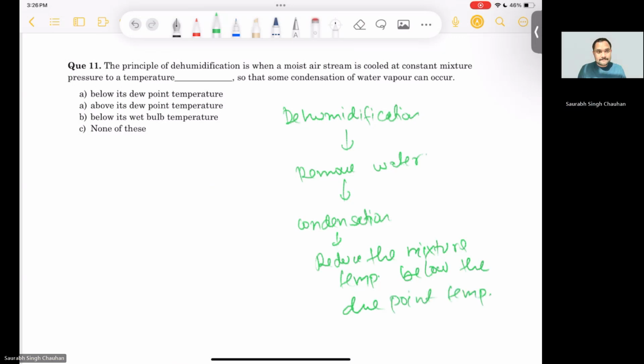Correct? So there are four options: below its dew point temperature, above its dew point temperature, below its wet bulb temperature.